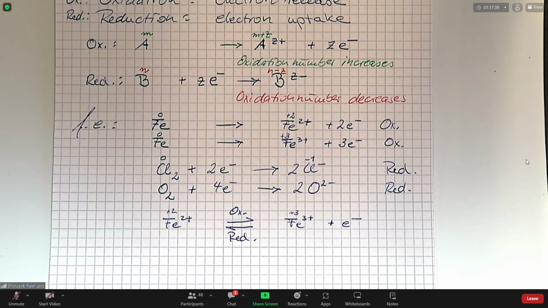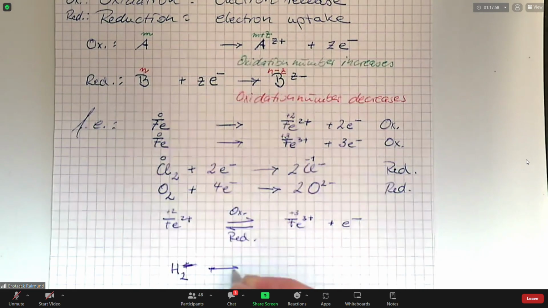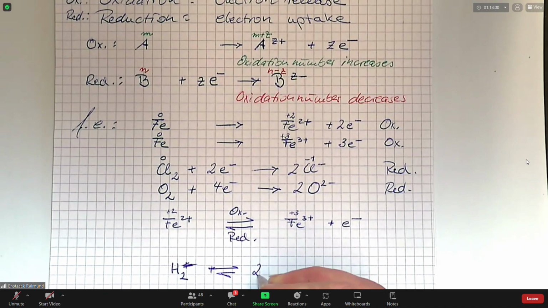We look at the standard hydrogen electrode. The standard hydrogen electrode system is H+, or write it in the same way as we did above: H2 can create 2H+ plus 2 electrons.